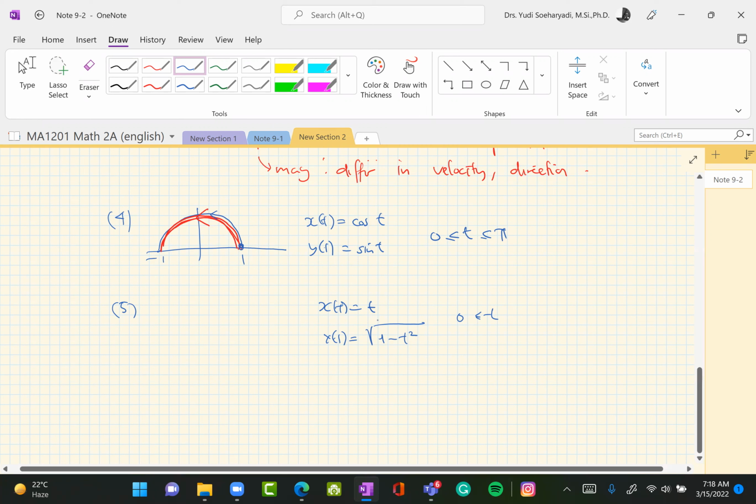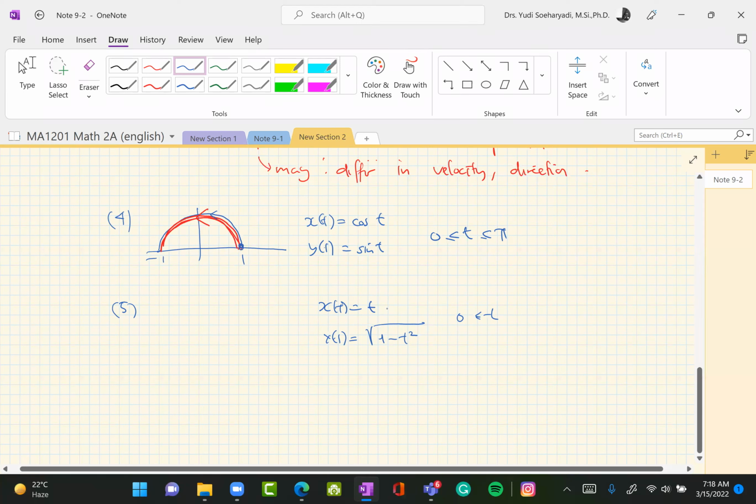Instead you get the semicircle, but then the starting point is different because here you start from 0, 1 to, let's see, 1, 0.